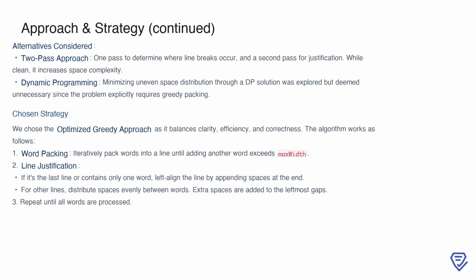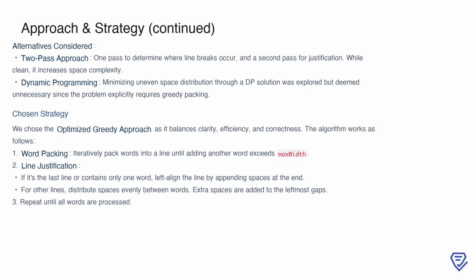When exploring alternative approaches, we considered a few other strategies. For instance, a two-pass approach involves first determining where line breaks occur in one pass and then justifying the lines in a second pass. While this method results in a clean implementation, it increases space complexity, which can be a disadvantage for larger inputs.